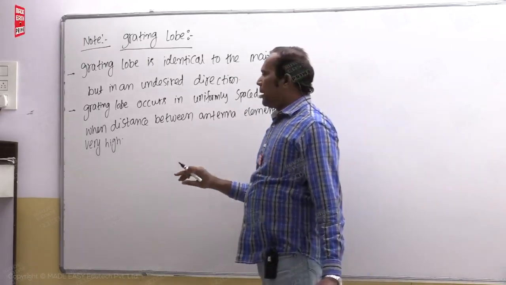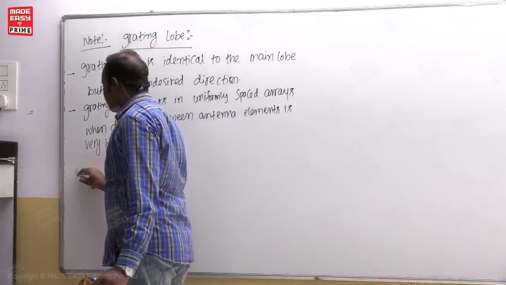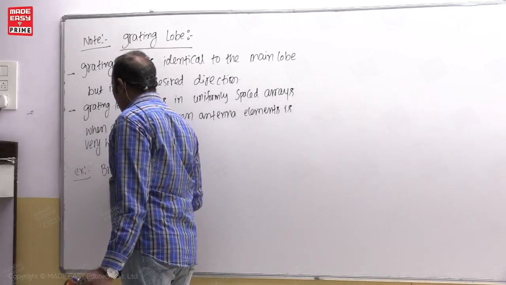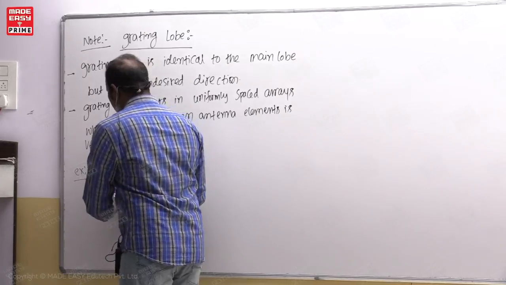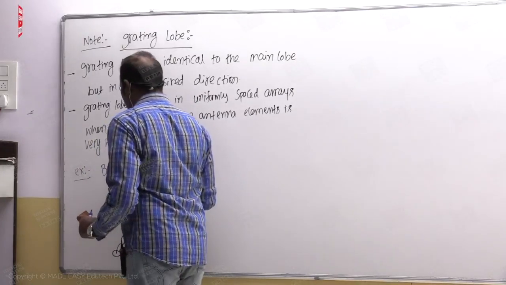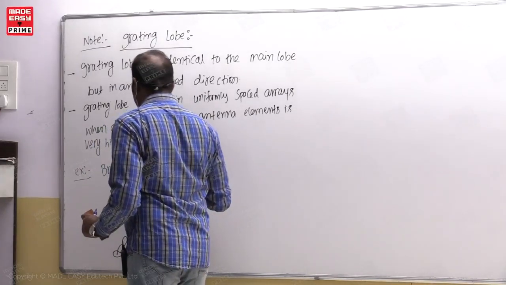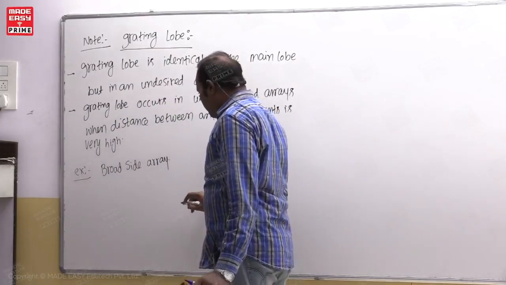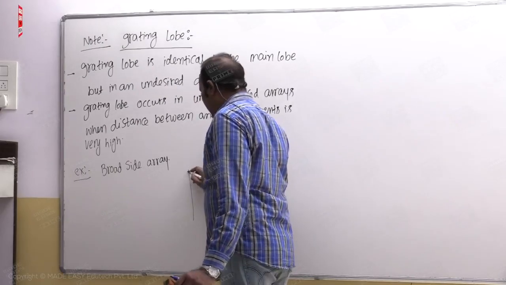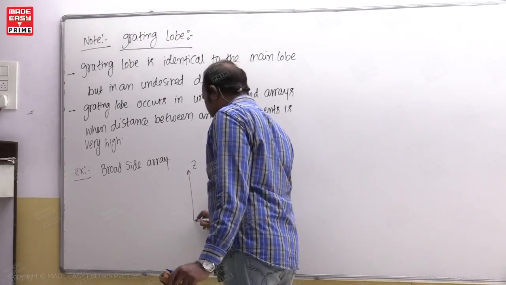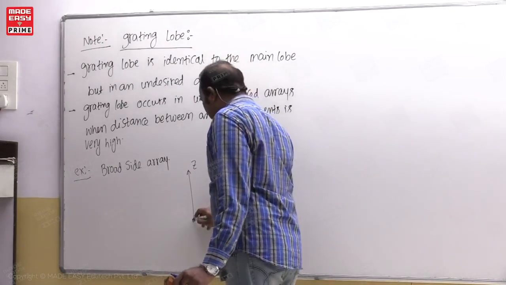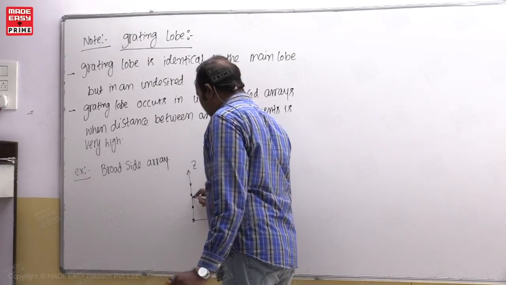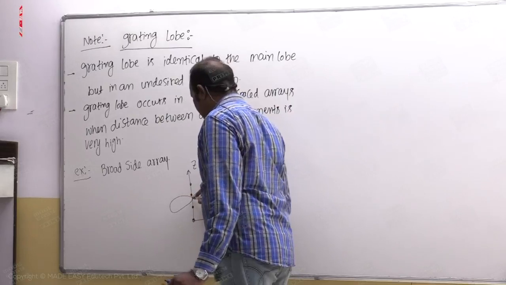So, for example, I will tell you, broadside array. If you take a broadside array, the meaning of broadside array is, let us take this as the antenna array axis, like this. In a broadside array, the radiation pattern required is like this.